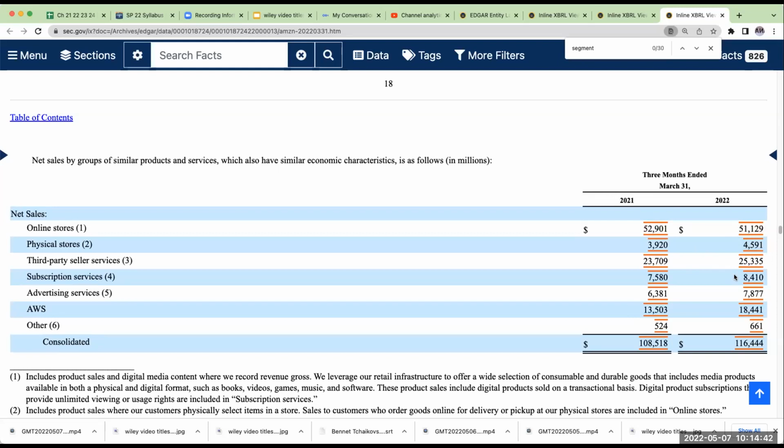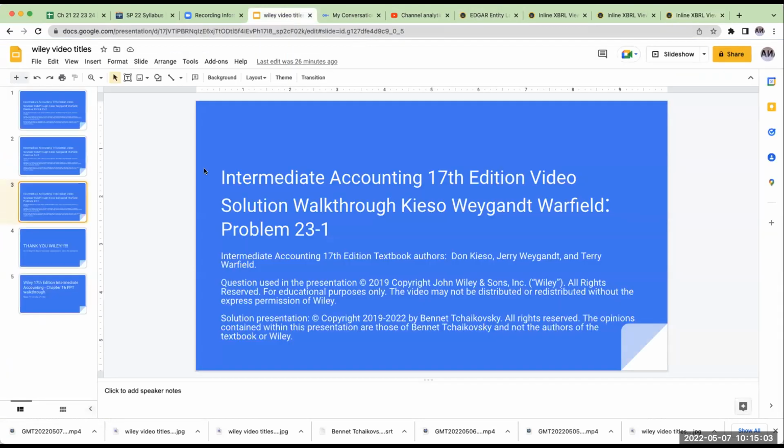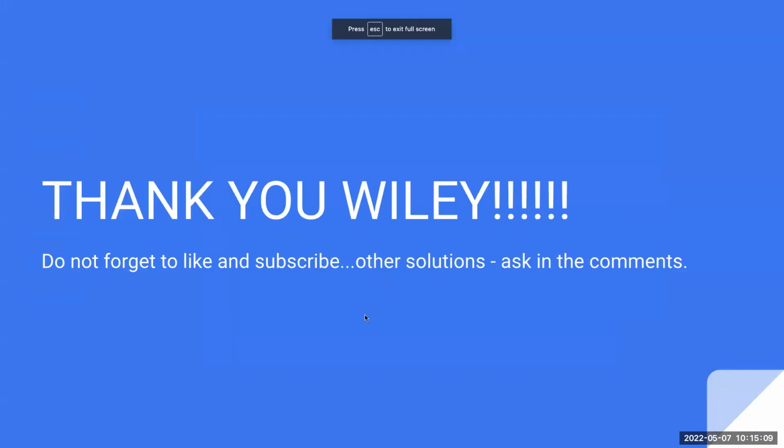So you can go through and see what's happening with Amazon. It's very important to keep in mind that our goal in segment reporting is that if we have significant concentration in particular lines of business, that's going to be extremely important to an investor. And this is who we're doing our work for, at least when it comes to public reporting.